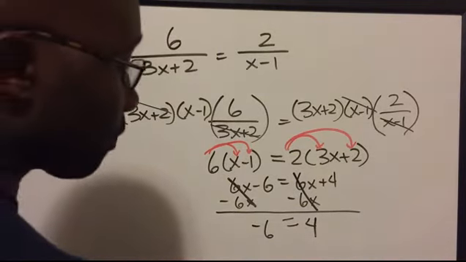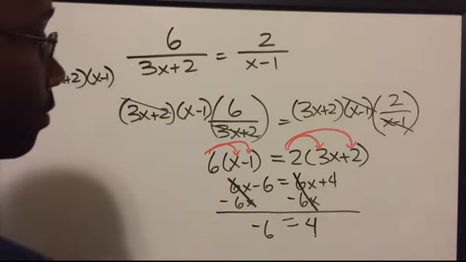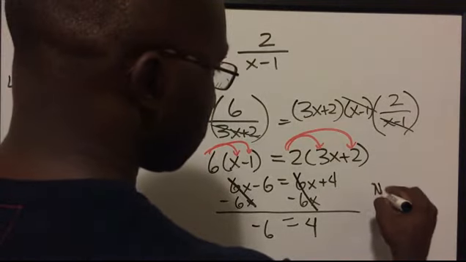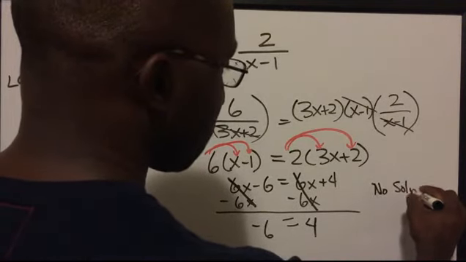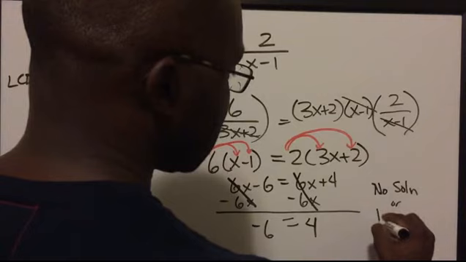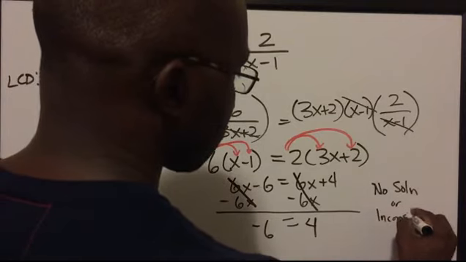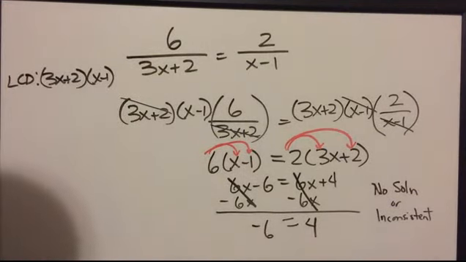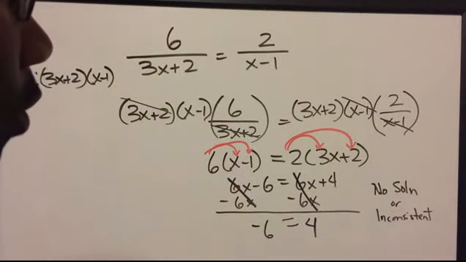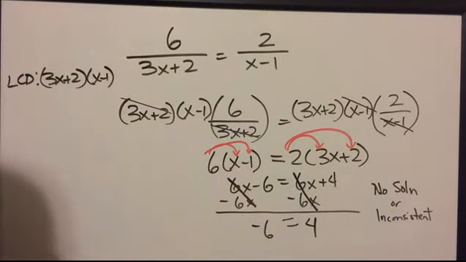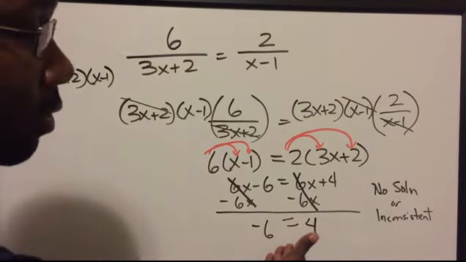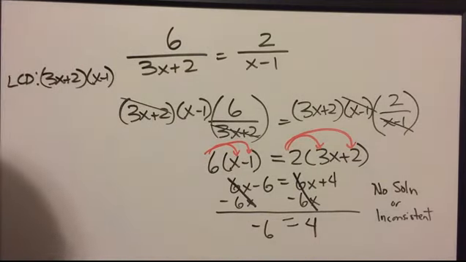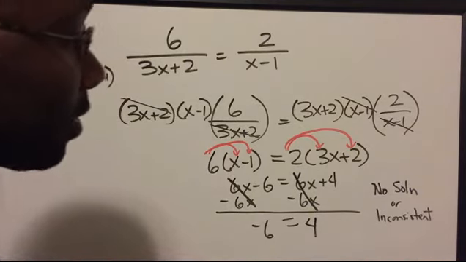Well, the answer here is no solution or inconsistent. I'm not sure which term the book uses, but either one of those terms is correct because we know that we do not have an answer. So this really cannot be solved. So that would be the answer, no solution or inconsistent.